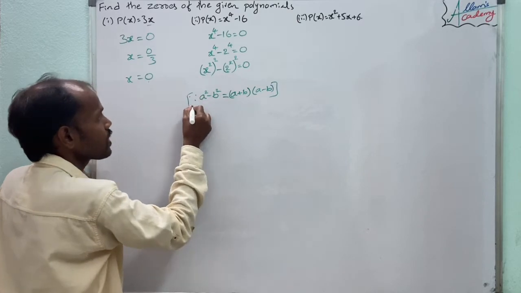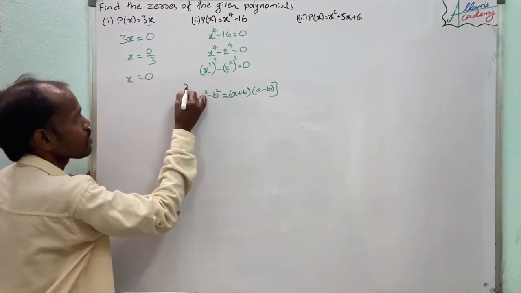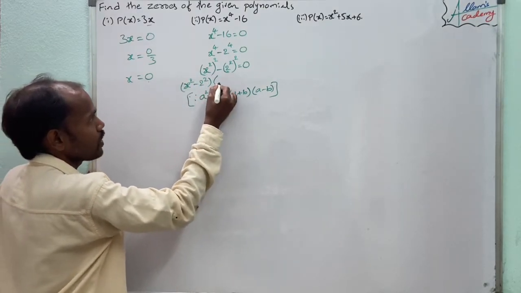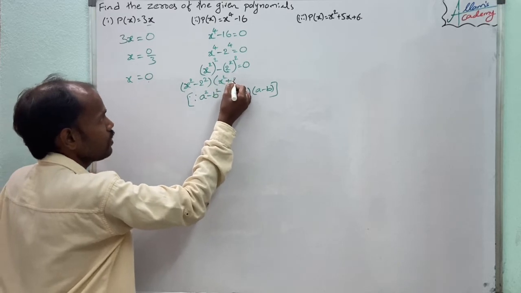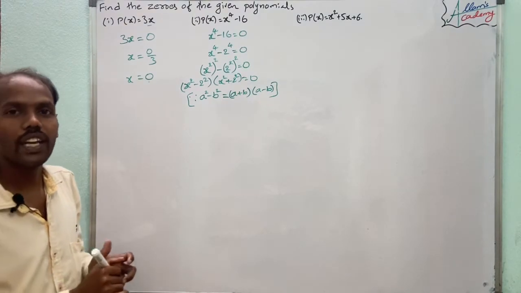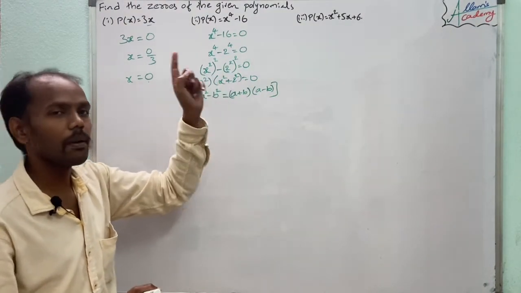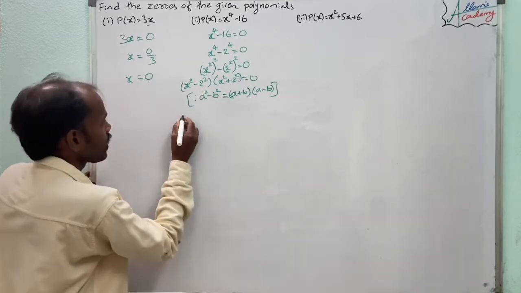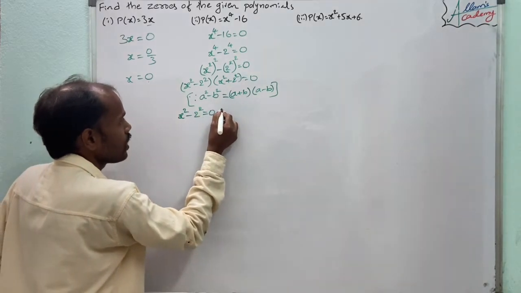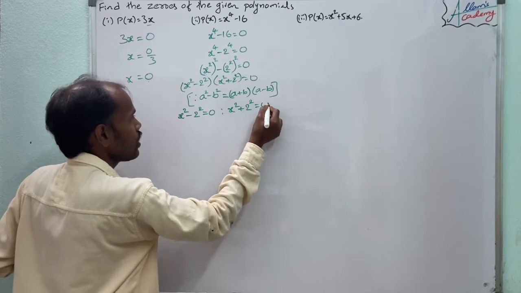By using that formula we can write x square minus 2 square into x square plus 2 square equals 0. The product of any two numbers is 0 means one of them must be 0. That means either x square minus 2 square equals 0, or x square plus 2 square equals 0.